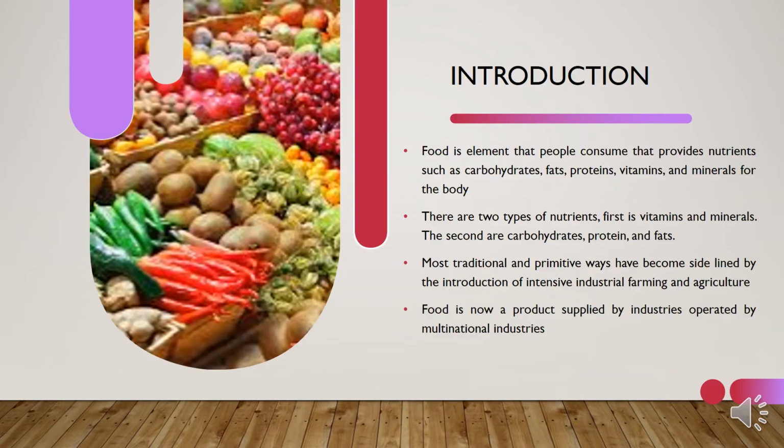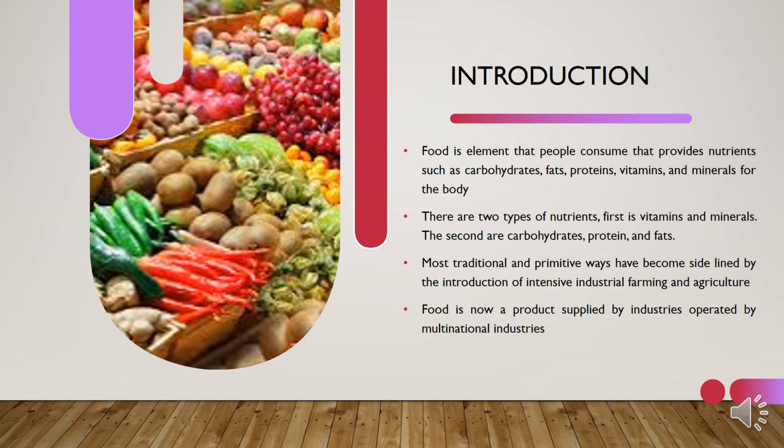For the introduction, food, as we know, is an element that people consume, which provides nutrients such as carbohydrates, fats, proteins, vitamins, and minerals for the body. There are two types of nutrients. First is vitamins and minerals, and the second is carbohydrates, protein, and fats.